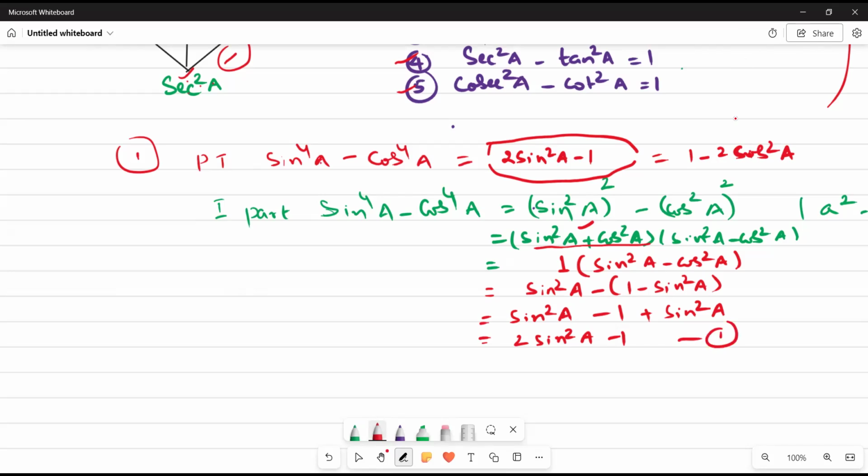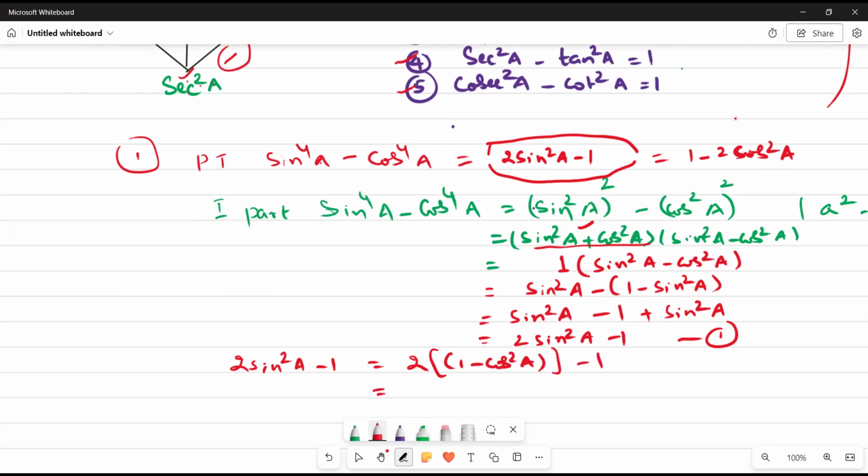From taking the first part, we have arrived at the second part. Shall we take the second part and arrive at the third part by taking 2 sine square a minus 1? 2 sine square a minus 1 is equal to 2 into, shall I change sine square a into cos form? Sine square a is nothing but 1 minus cos square a, close the bracket and minus 1.